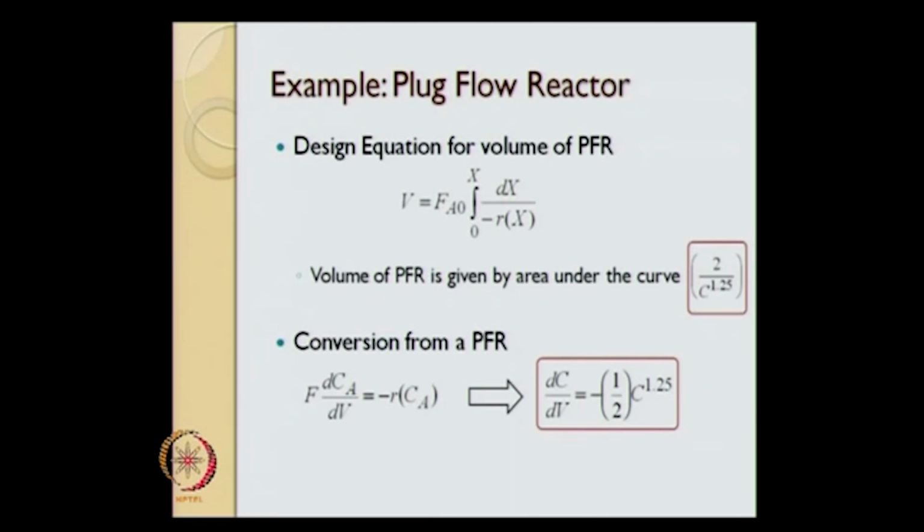Okay, and this area gave us the total volume of the PFR required to reach a certain conversion x. What we said was that this particular design equation is obtained from this particular ordinary differential equation, and then we recast the overall problem as a problem of solving the ordinary differential equation given the initial concentration C at volume V equal to 0.